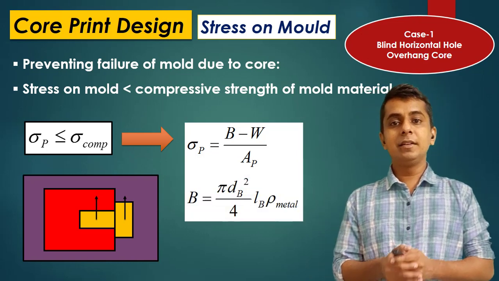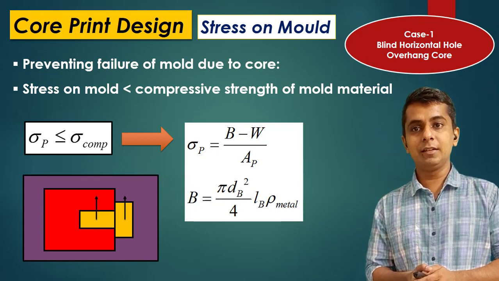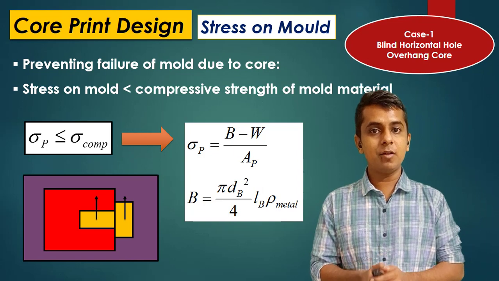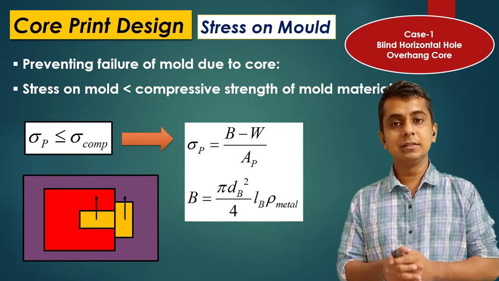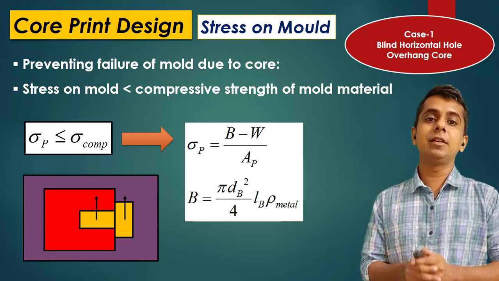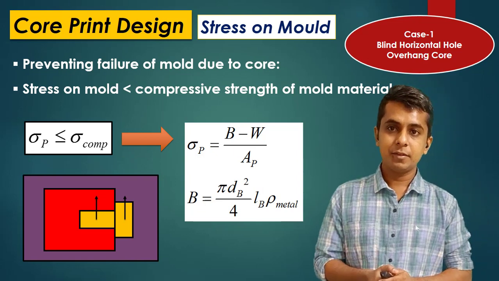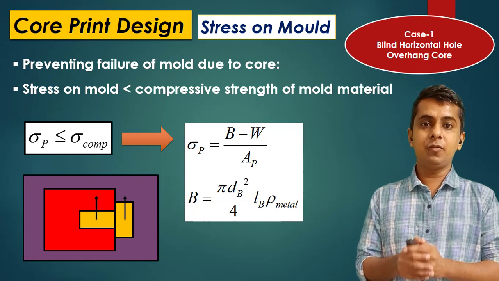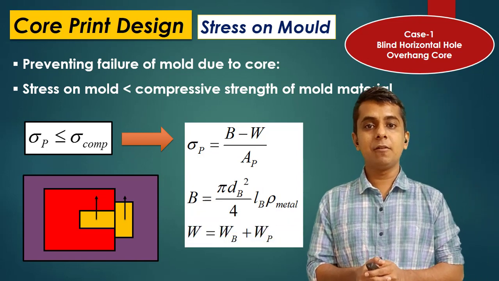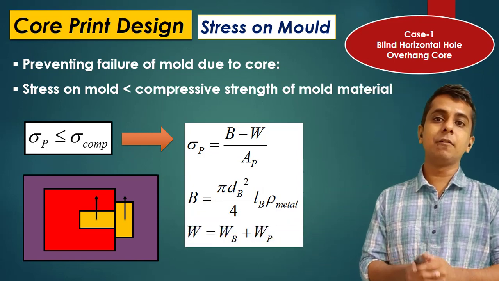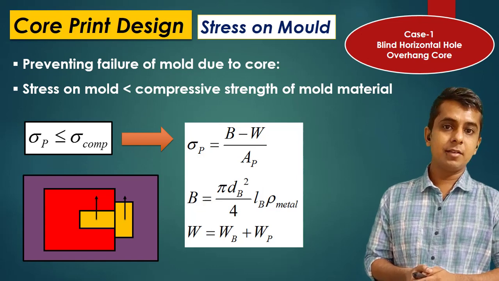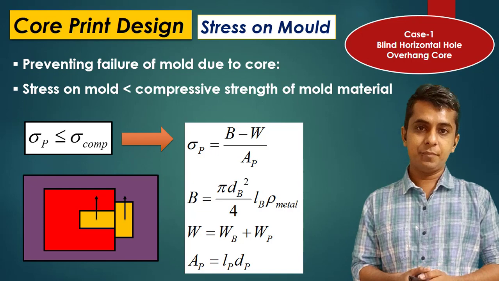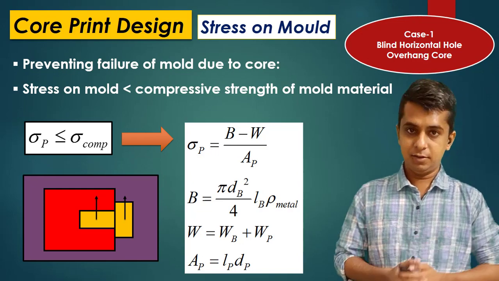You can determine the buoyancy force as pi by 4 dB square LB, that is the volume of the core body, multiplied by the density of the metal. The total weight force W is the weight of the body plus the weight of the print. AP is the projected area of the print.